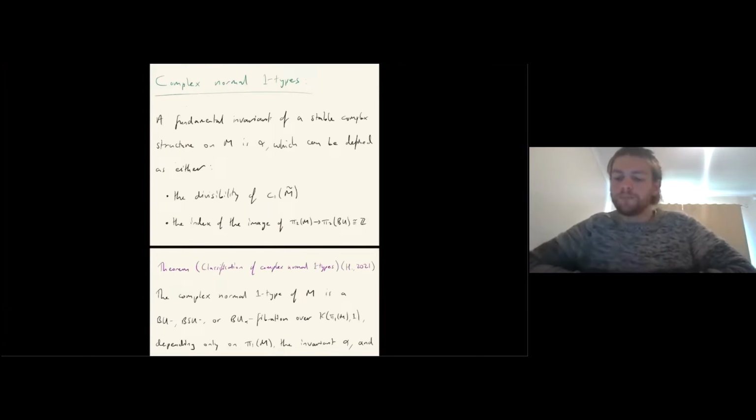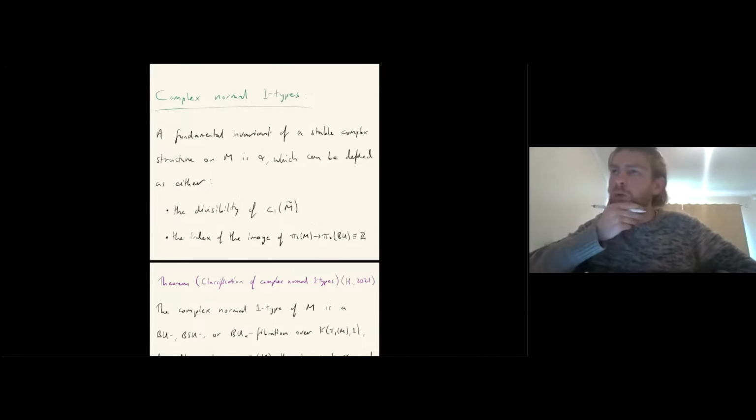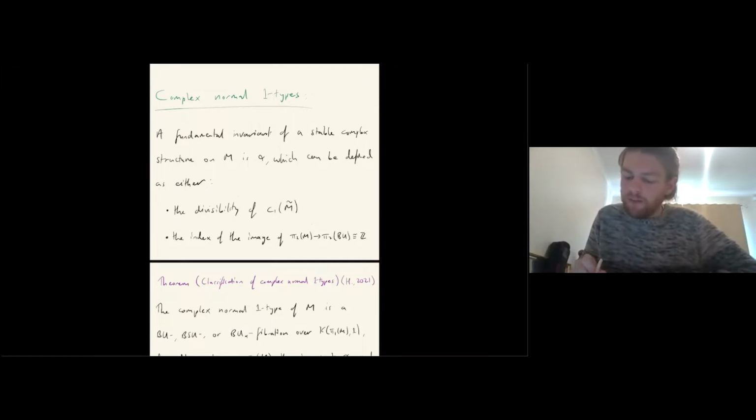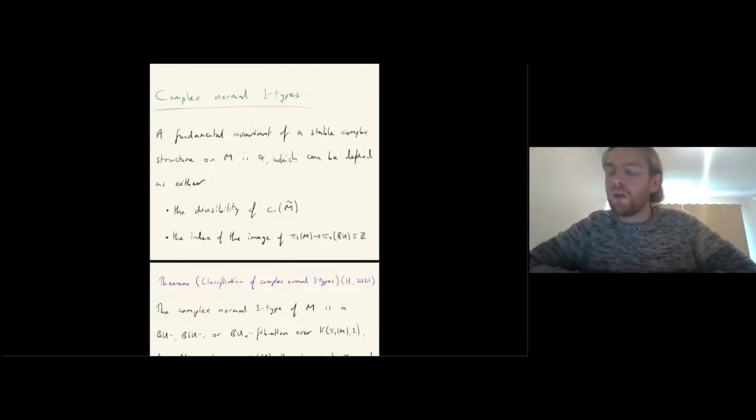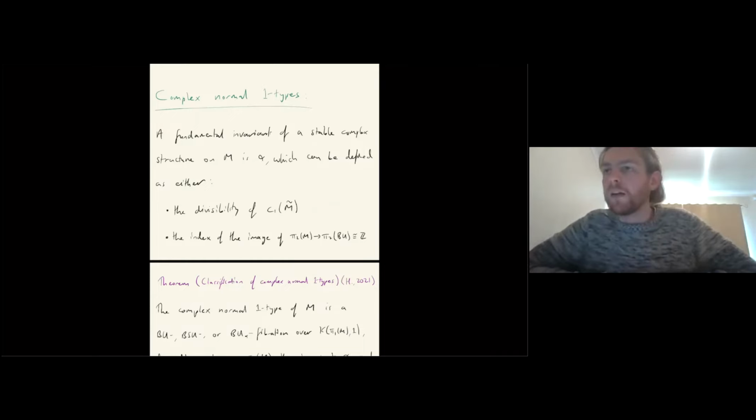So what goes into this complex normal 1-type? Whenever you have a stable complex structure on a manifold, you get this invariant, which we call alpha. It can be described in two ways. You can either describe it as the divisibility of the first Chern class of the universal cover of your manifold, or, as always, you have this classifying map for a stable complex structure, and you just take the induced map on pi 2.